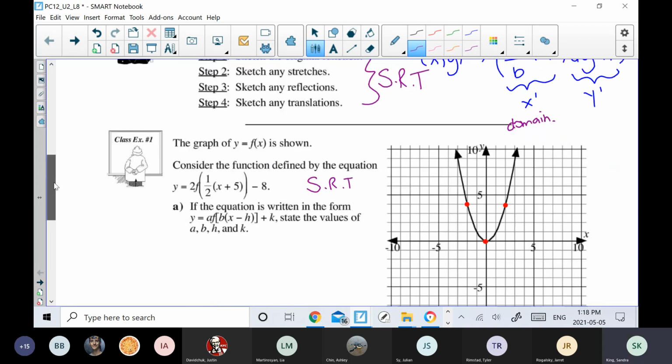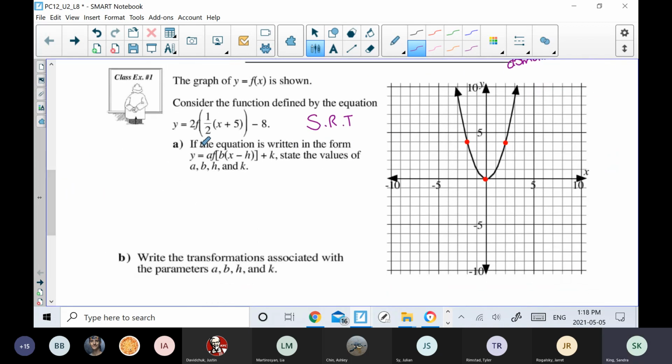Okay, so let's do this first class example pretty quickly. This one should be nice and easy. The b value is factored out. All this question says is if the equation is written in this form here, state the values of a, b, h, and k. So that's all I want you to do. Look here and write down what a, b, h, and k are.